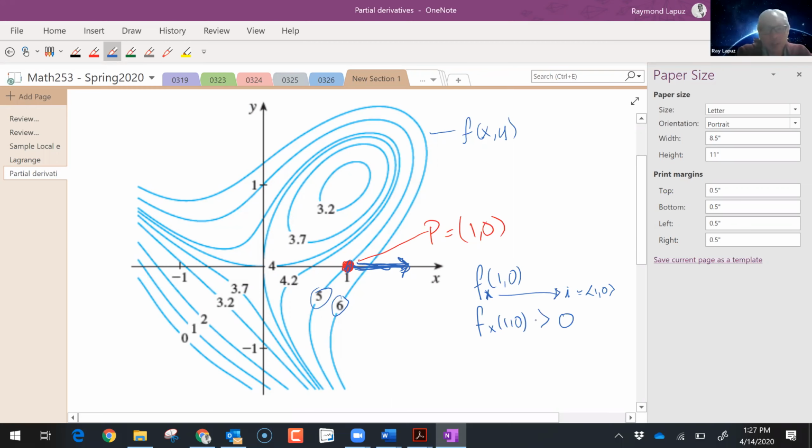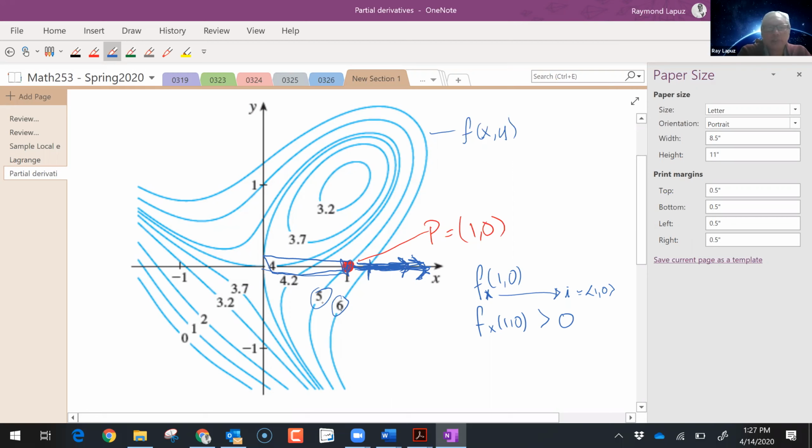You can try to estimate also, because this is 1 whole unit. I should have drawn my vector a little bit longer. But if I take a step, maybe this is about a quarter or maybe a third.